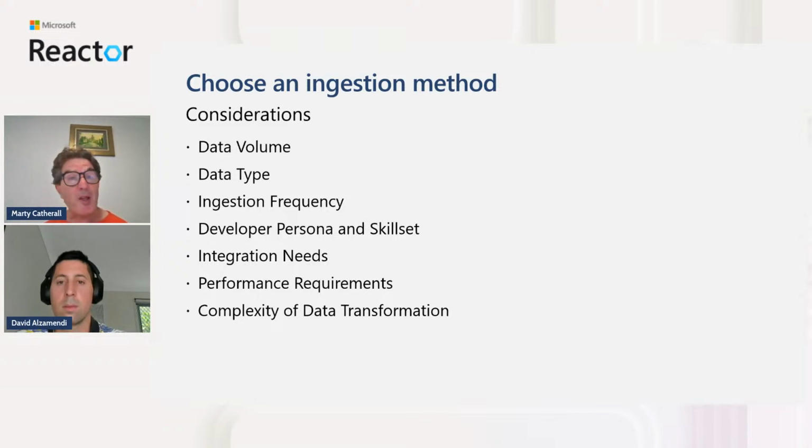The developer persona and the skill set: are you more familiar with Dataflow Gen2s, or are you more familiar with pipelines? What direction does your company want to go in? So all that skill set plays a big role as well. And what are your needs? Your needs really tie into all the other considerations we've got there. Performance would be a big one.